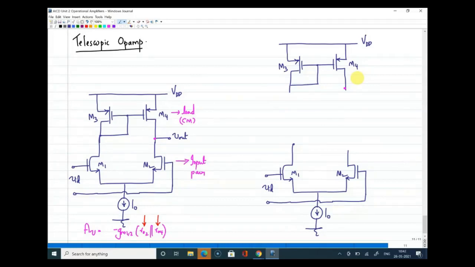So now you have M1, M2 devices, M3, M4 devices. You are trying to increase the output resistance of the transistors r02 and r04, but you cannot do it on only one side, because when you employ that you have to see the biasing of those devices also. To have a uniform and symmetrical structure, we will employ cascoding on both the branches.